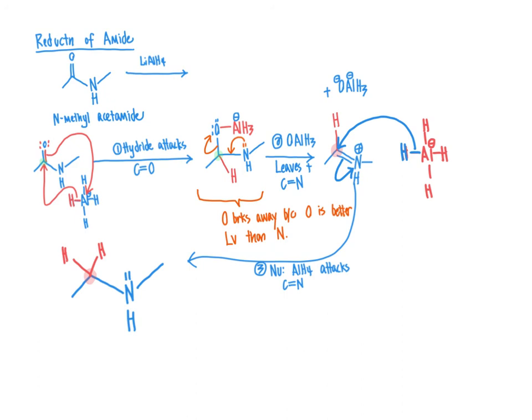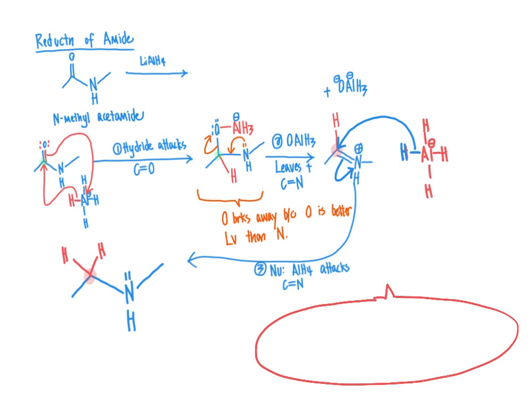So what is essentially happening here, if you are tasked with showing the product of reducing an amide, and you are looking at it and you're going, what do I need to create as the product? Essentially, reducing an amide results in erasing the carbonyl group. The carbonyl group is replaced with hydrogen atoms.